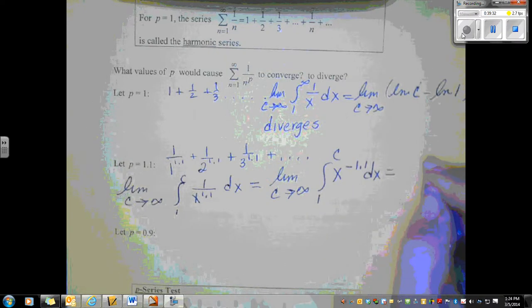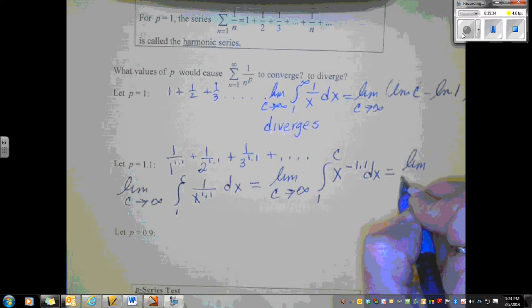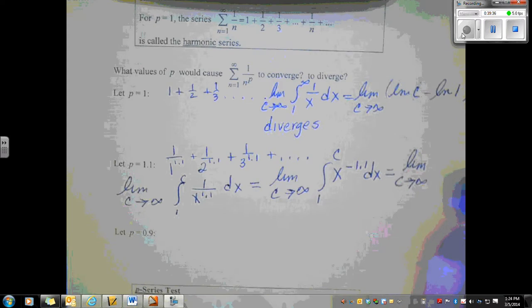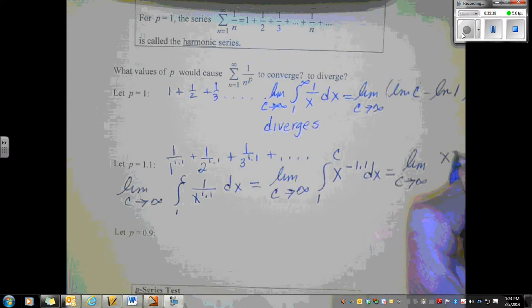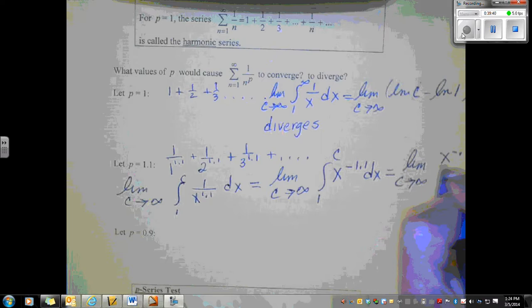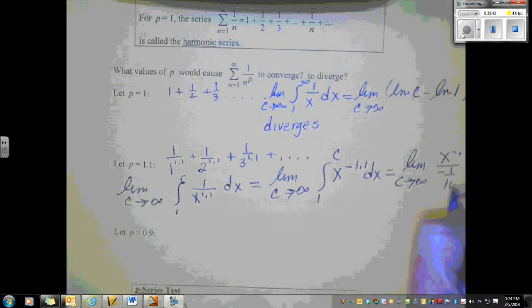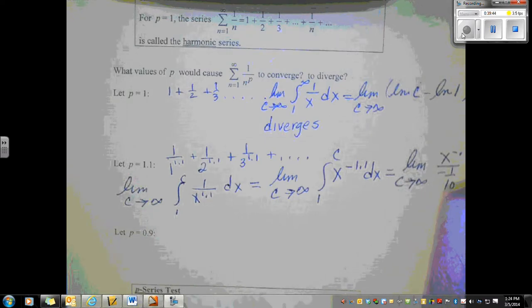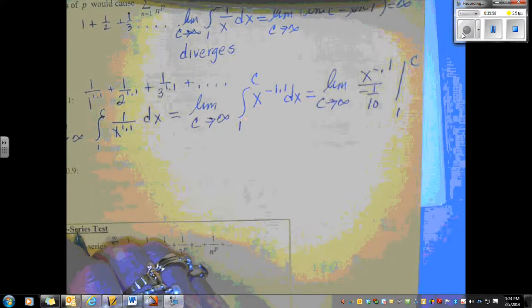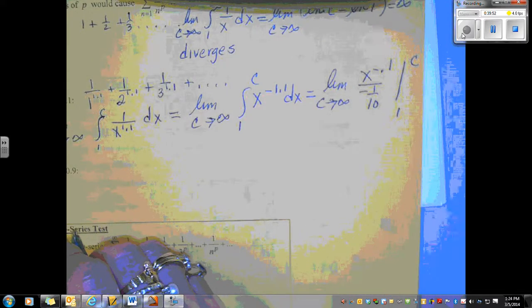The limit as c goes to infinity of x to the negative 0.1 over negative 1/10, going from 1 to c. What does that mean?